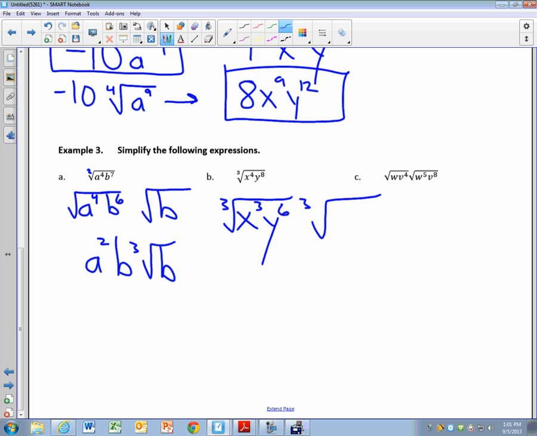What are the extras that go under the next piece? So I can't do anything with the piece on the right. That's going to be done. What is the cubed root of x to the 3rd, y to the 6th? xy squared.